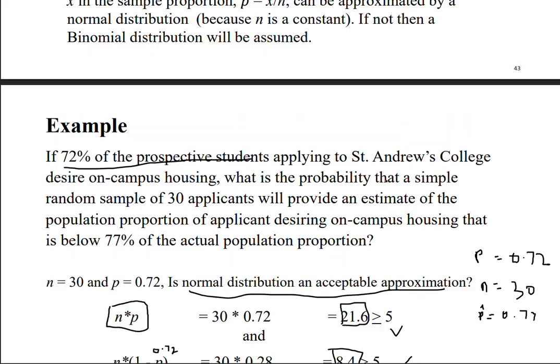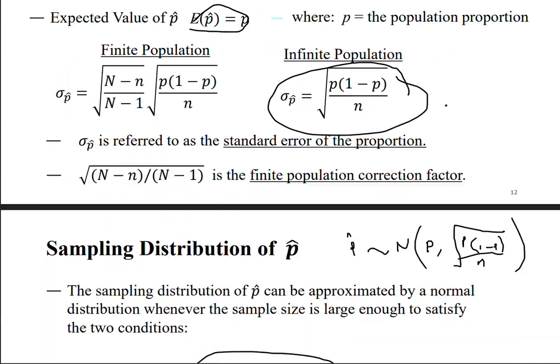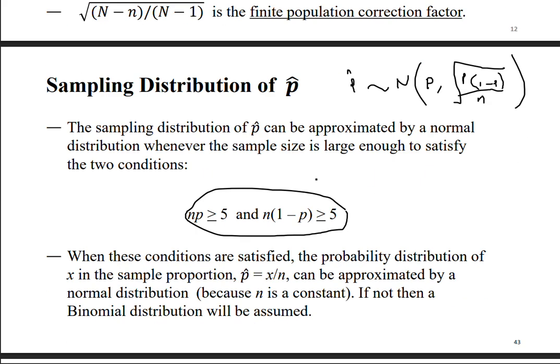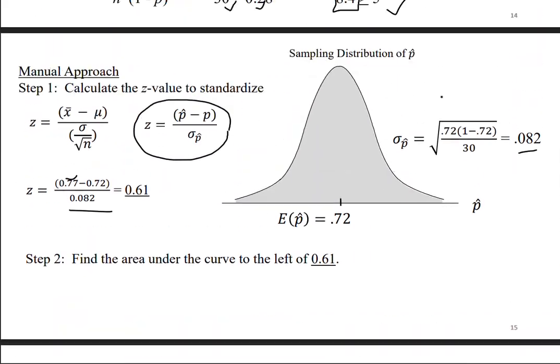Remember, the standard deviation of the proportion formula is the square root of p times (1 minus p) over n. So we did that calculation here to get our standard deviation of the sample proportion, which is 0.082, and that is what we have right here. When we standardize using this formula, we get a z-value of 0.61. This here is our standardized z-value.